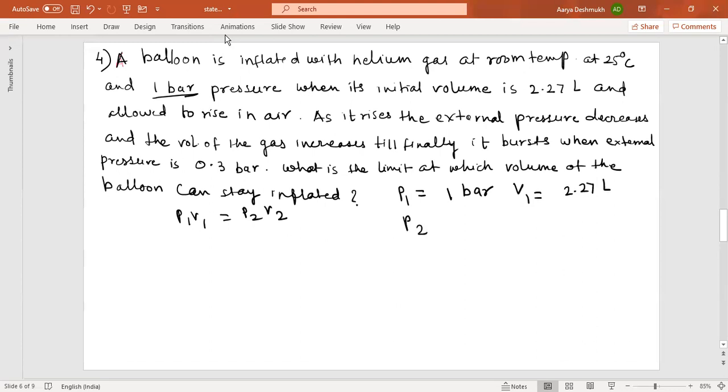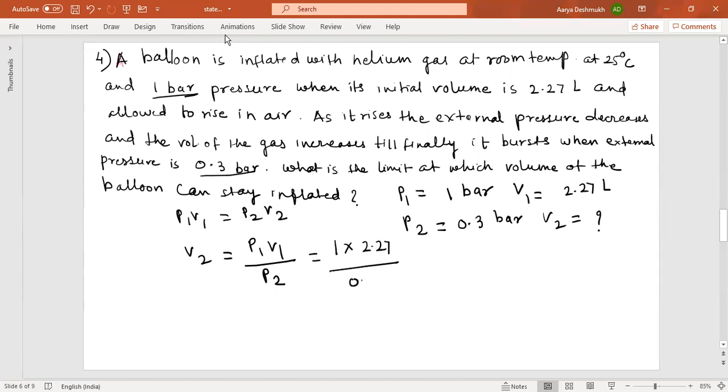P2, the final pressure, is 0.3 bar. And you need to find out V2. Now the rest of the part is very easy. V2 will be equal to P1 V1 divided by P2. Just substitute the values, divided by 0.3, and it is coming out to be 7.567 liters.